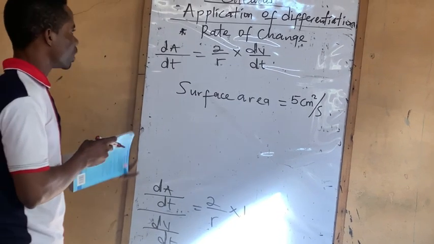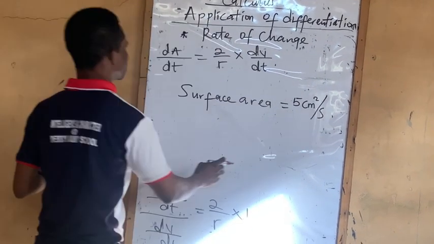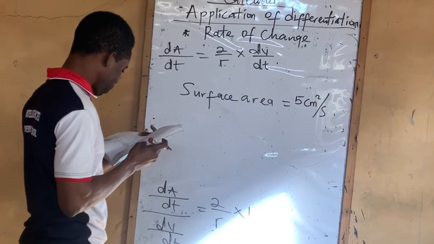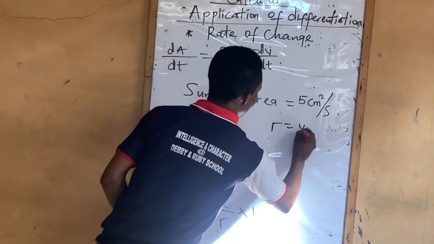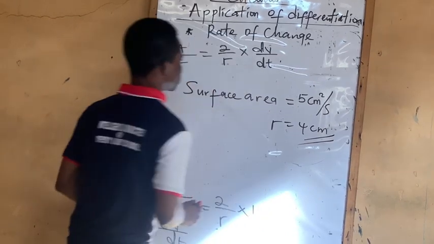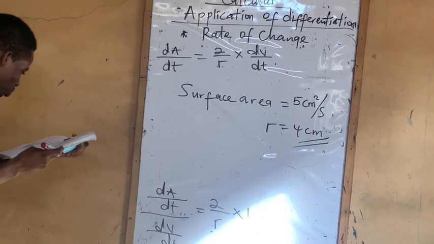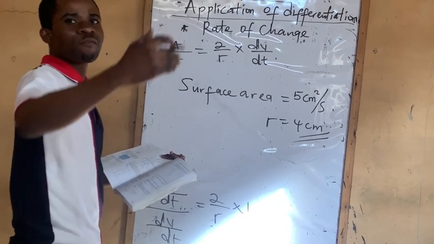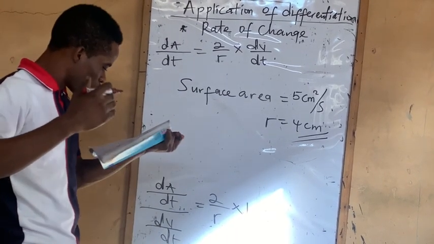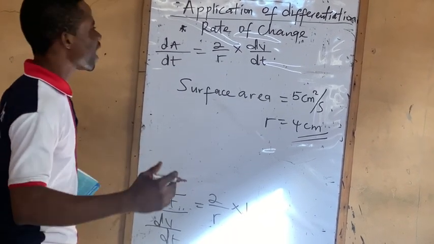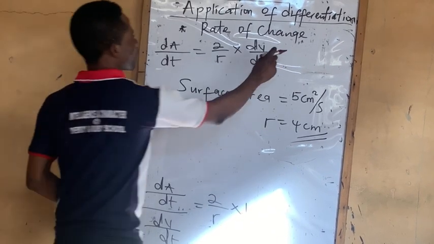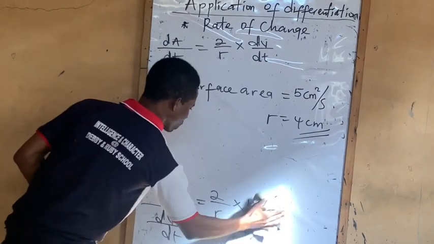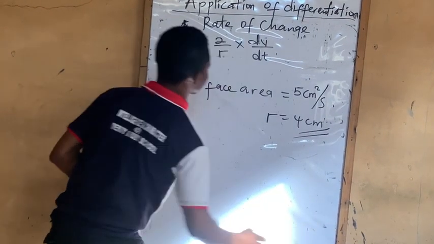That is an area, not a volume. And we are given the radius to be 4 centimeters. What they asked us to find is the rate at which the volume is increasing, so I'm looking for the volume.